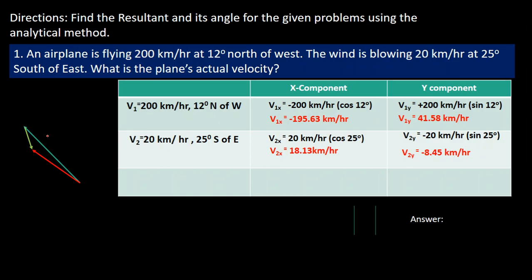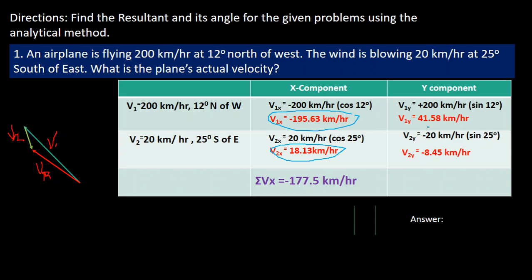So negative 195.63 plus 18.13, you get negative 177.5 kilometers per hour. And then you add these numbers for the y component, and you get 33.13 kilometers per hour.